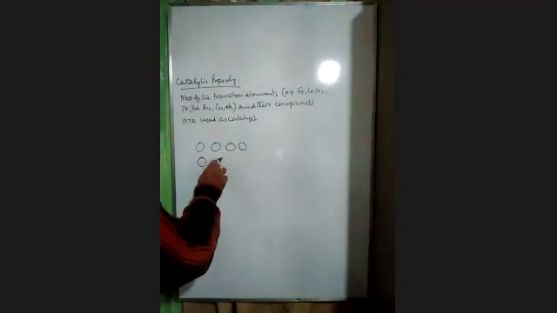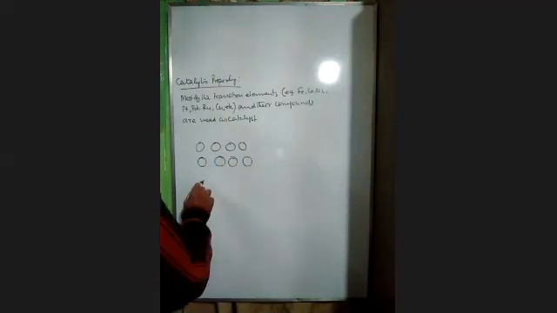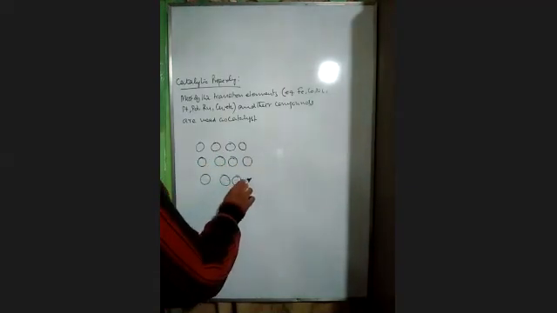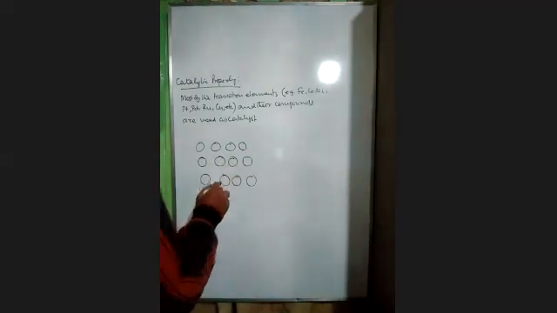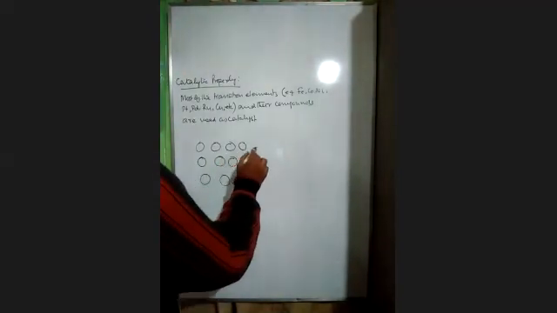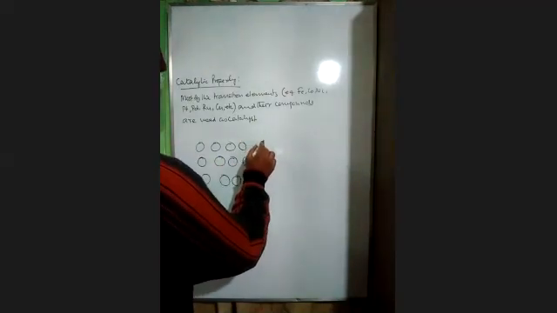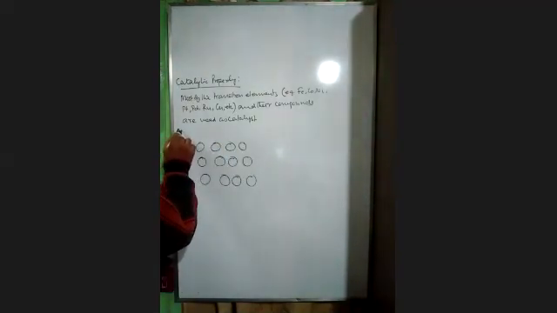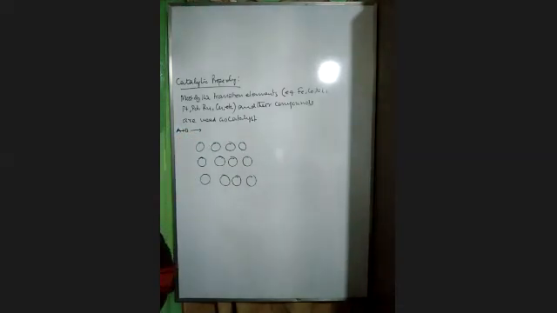After adsorption, see, this is the surface. Suppose you have taken A plus B to react. So A plus B is going to react here. First the A plus B will travel near to the surface.